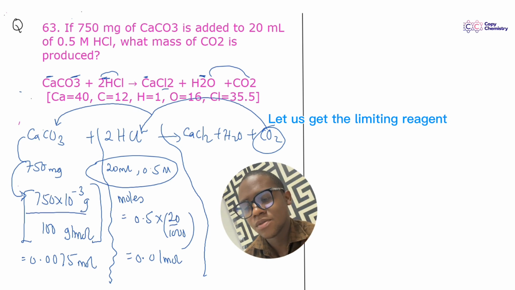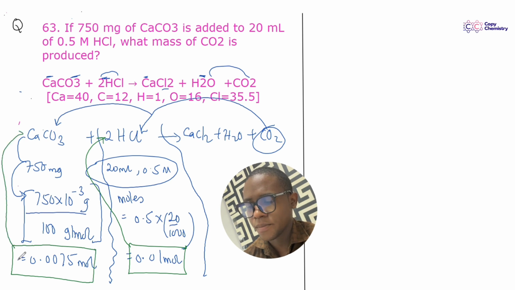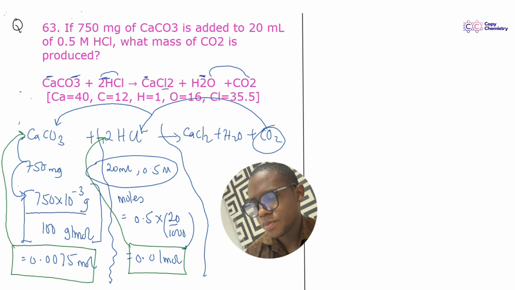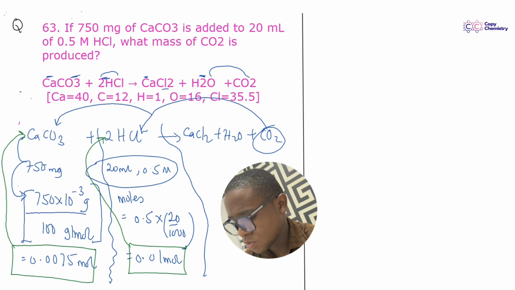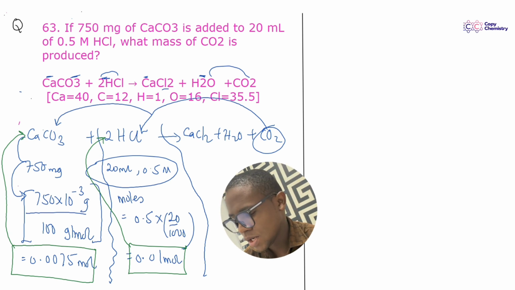To know the limiting reagent, we just have to get our number of moles in hand, and then we'll divide it by the coefficient here. We'll do the same thing here. So 0.0075 divided by 1 will not change. It will still be 0.0075 for CaCO3.